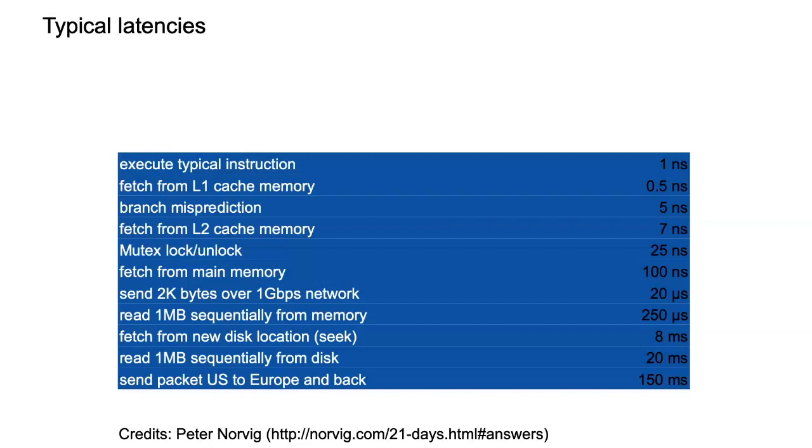So just for this intuition. It might change. Maybe in 20 years, we have made so much progress that it changes, but this is the idea, right? Nanoseconds when it's the CPU, microseconds when it's the memory or the local network, and milliseconds when it's the disk or over the Atlantic Ocean, right? Just as a very coarse ballpark.